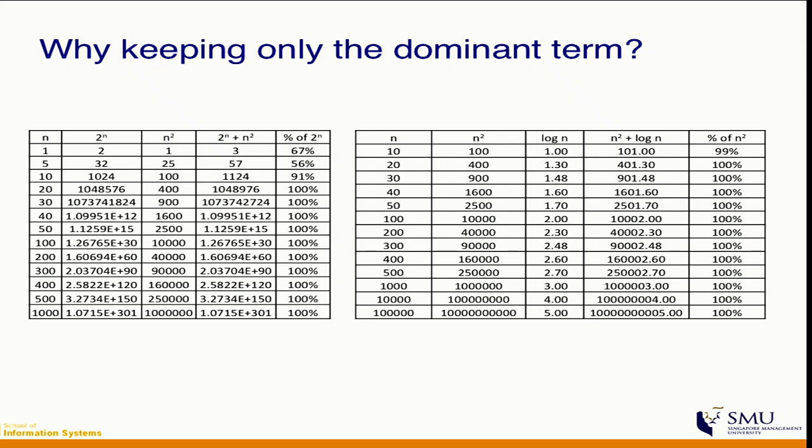And essentially as a proportion, 2 to the power of n is going to account for pretty much almost all of the number. So you have two numbers, one is much larger than the other one, then only the larger number actually matters. The smaller number doesn't actually matter. Now you can say that 2 to the power of n and n squared are still big numbers, yes, but as you push n to the limit, then one of them is going to be much, much larger than the other one. And that's why we always drop the less dominant ones.